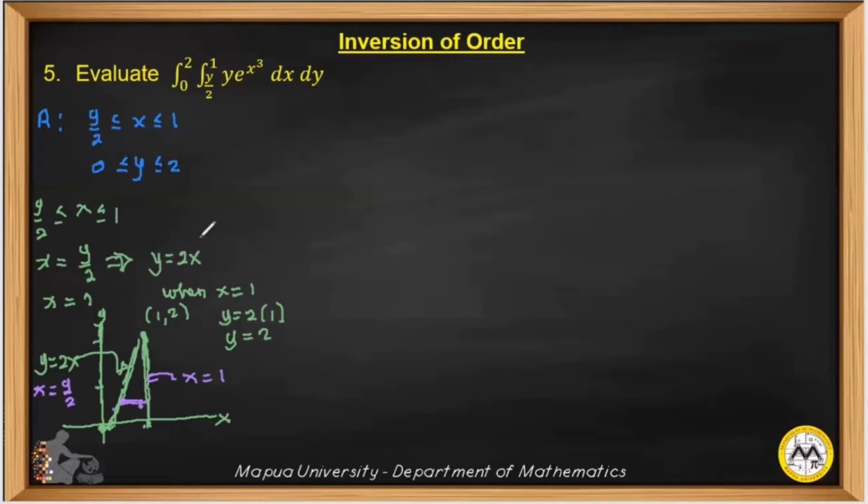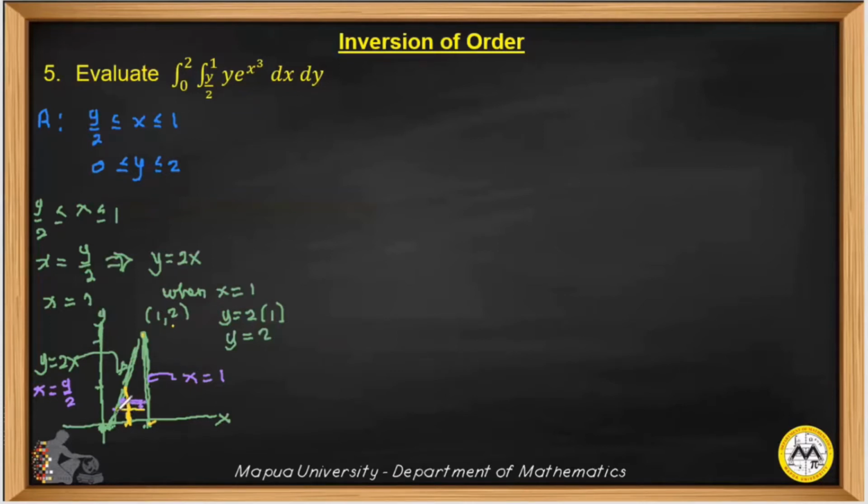And y, of course, will go from, let us draw any vertical line, y will go from where? From y is equal to 0 to the uppermost, y is equal to 2. So y goes from 0 to 2. Got it?